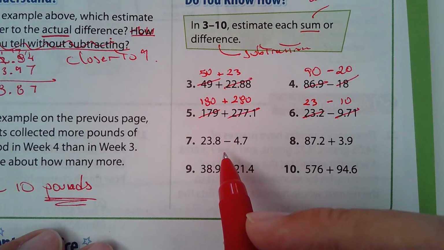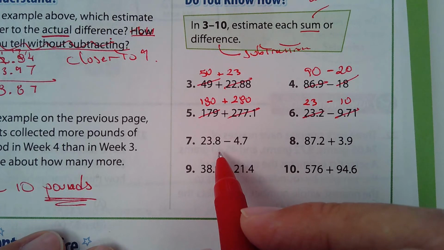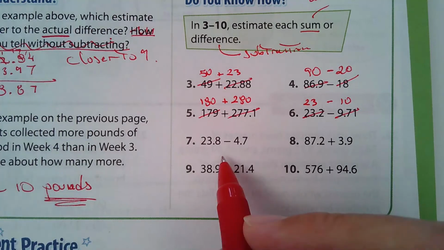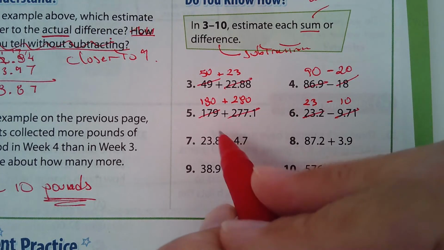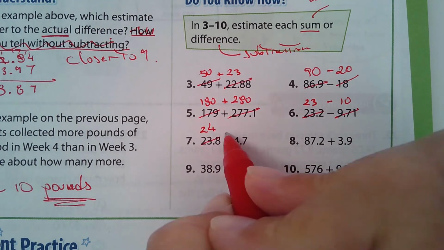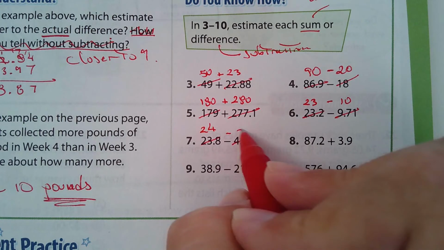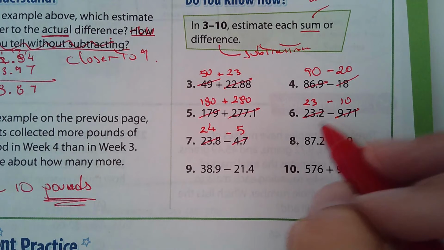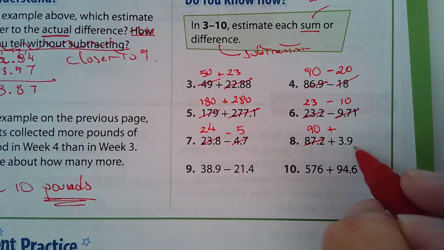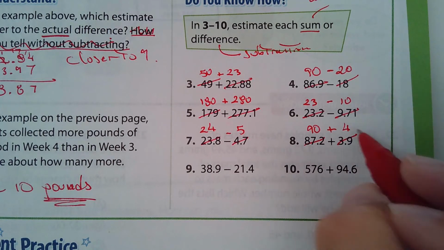I've never been comfortable with estimating because I don't know how close I should tell my students to estimate. That's kind of why I'm doing these myself right now. 23.8, that's close to 24. Minus 4.7, that's close to 5. 87.2, that's close to 90. Adding 3.9, that's close to 4.